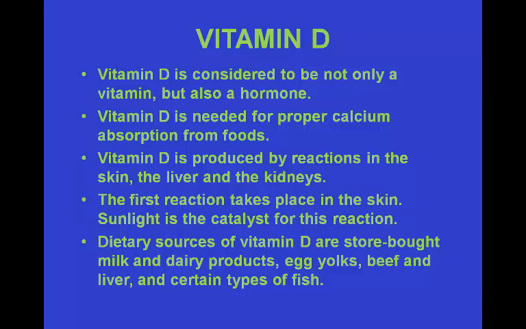So remember what we said about PTH, parathyroid hormone. Parathyroid hormone is necessary for the absorption of vitamin D. Okay, but vitamin D is necessary for the absorption of calcium.